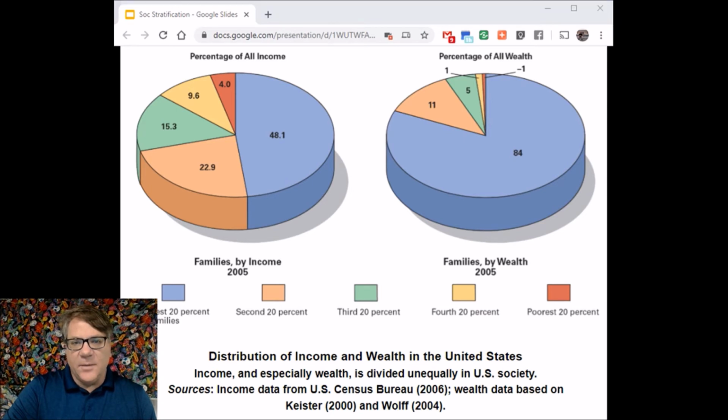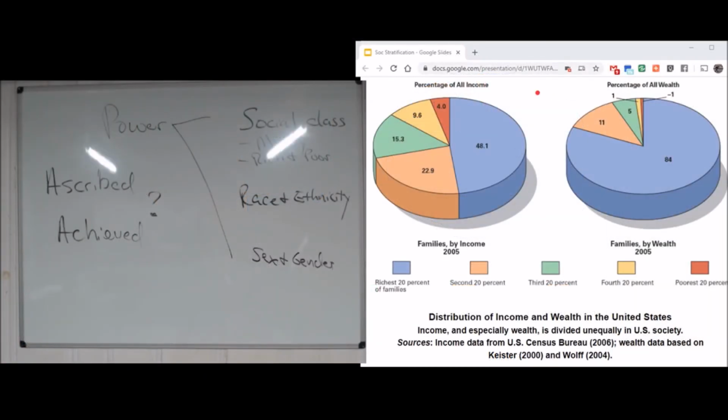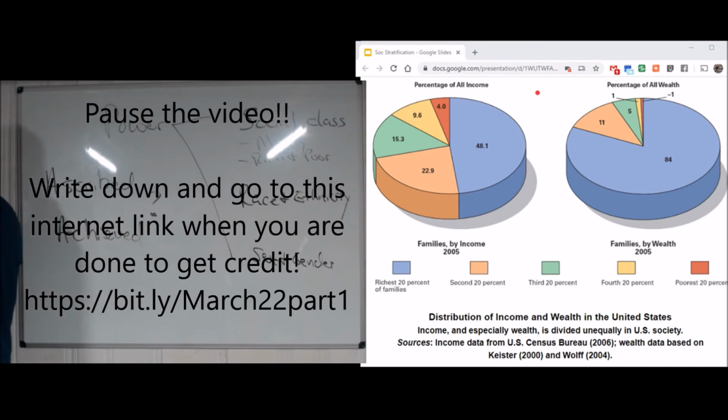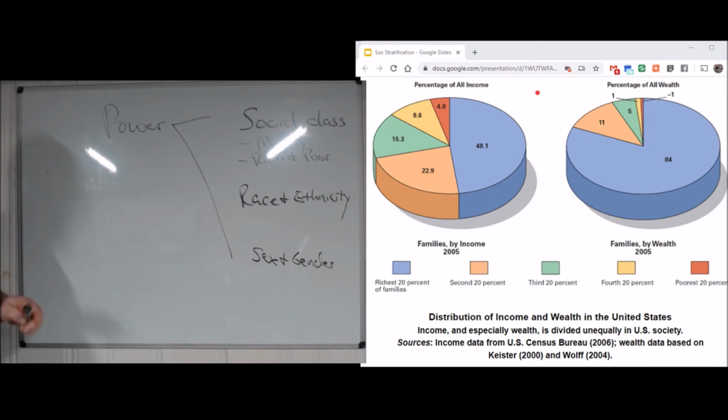So let's go back to our handy-dandy dry erase board, and let's look at some things. So, when we talk about wealth, what comes to mind, right?